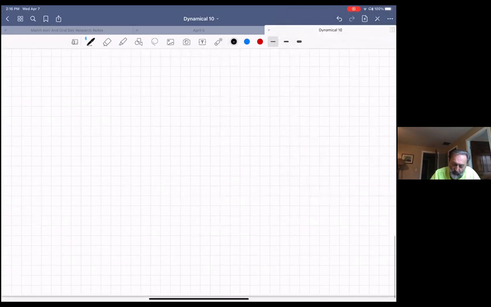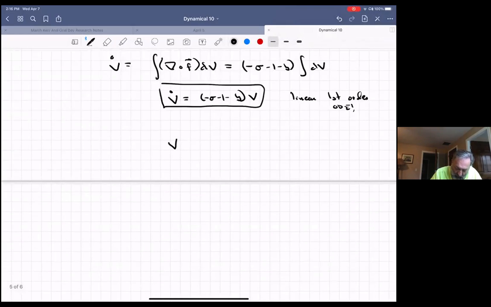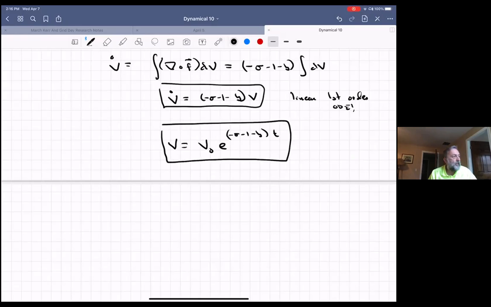So the solution to a linear first order ODE is a real exponential. And I'll factor the minus sign out.